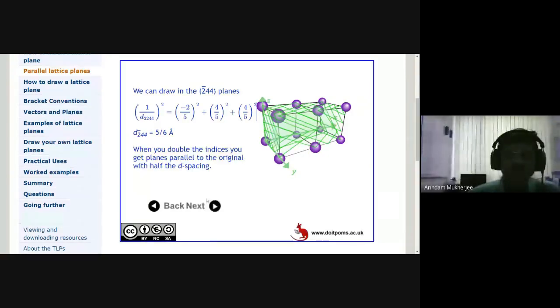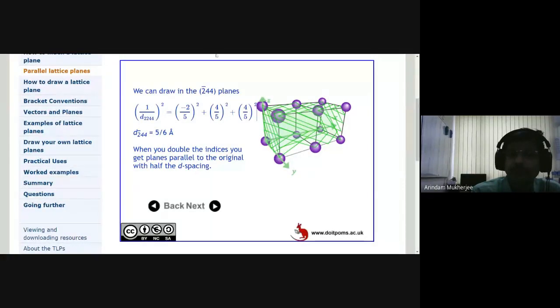So when you double the indices, you get planes parallel to the original with half the d spacing, because you have doubled them and they are basically reciprocal. So that means they are coming closer, right? Because a half becomes 2 after reciprocating.